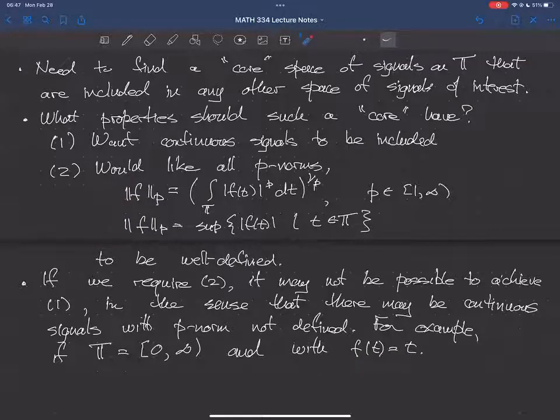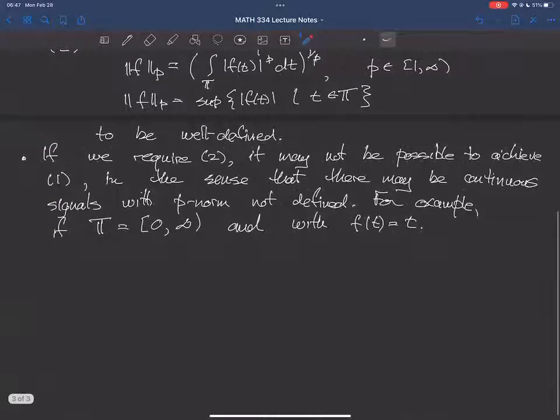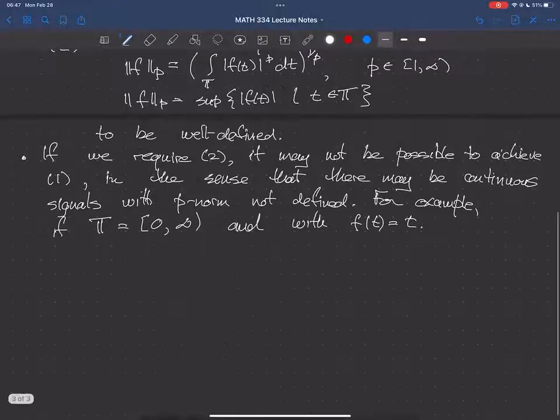It's easy to come up with examples of f's that are defined for some of these, but not all of them, and those are the kinds of things we'll be talking about later on. So if we're going to require 2, we have to restrict 1.